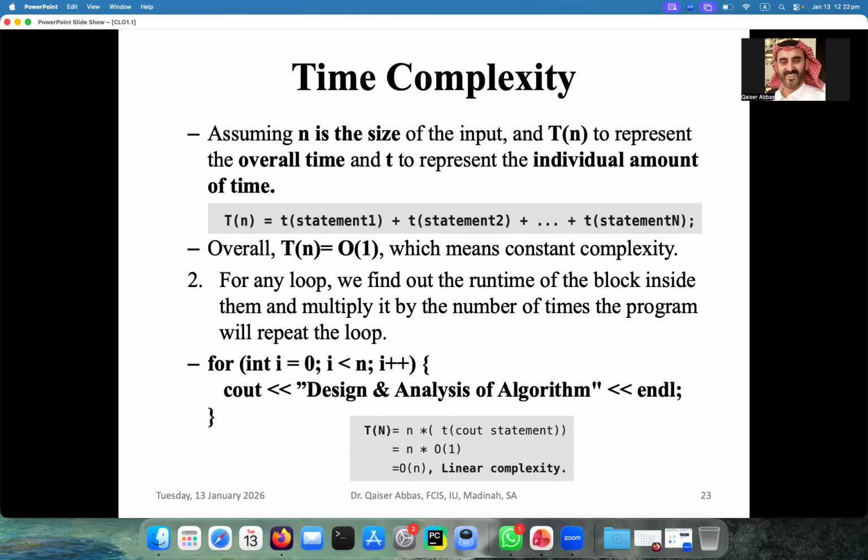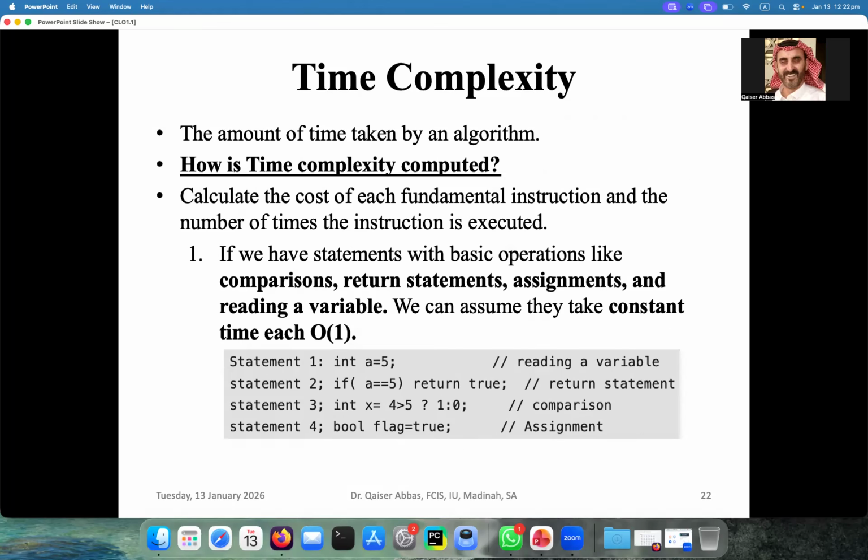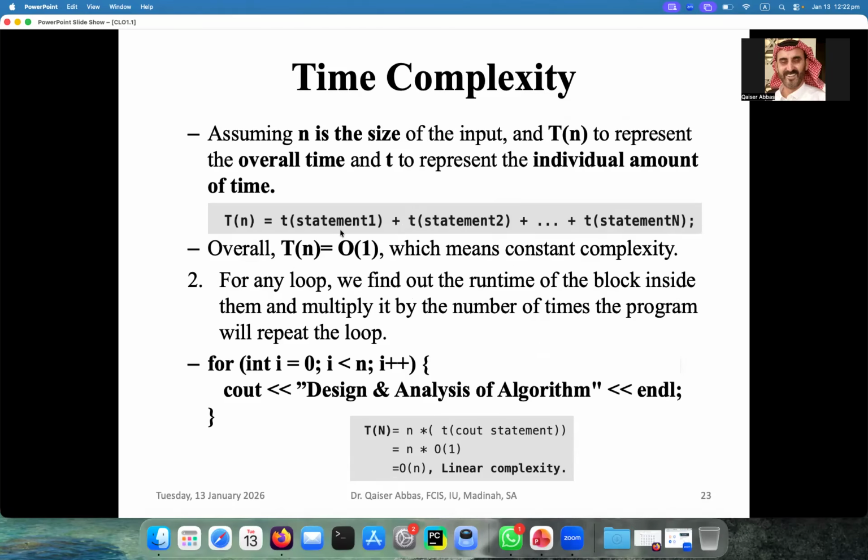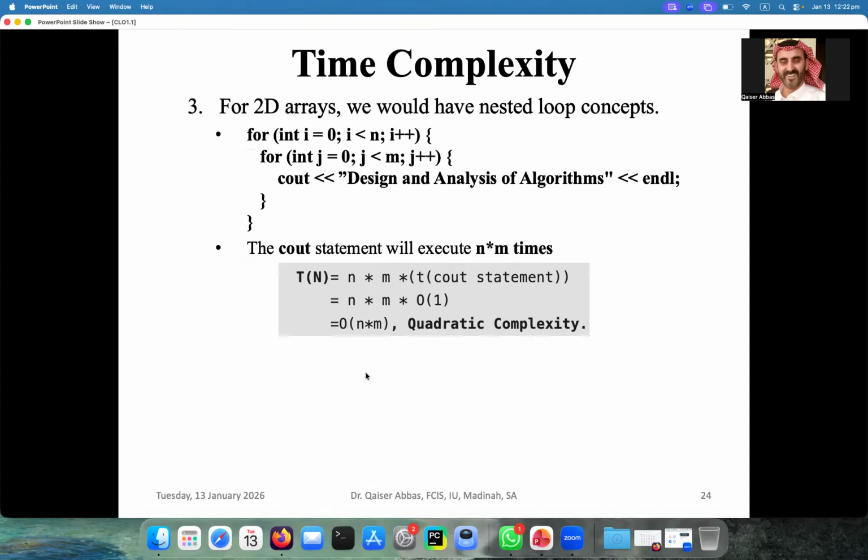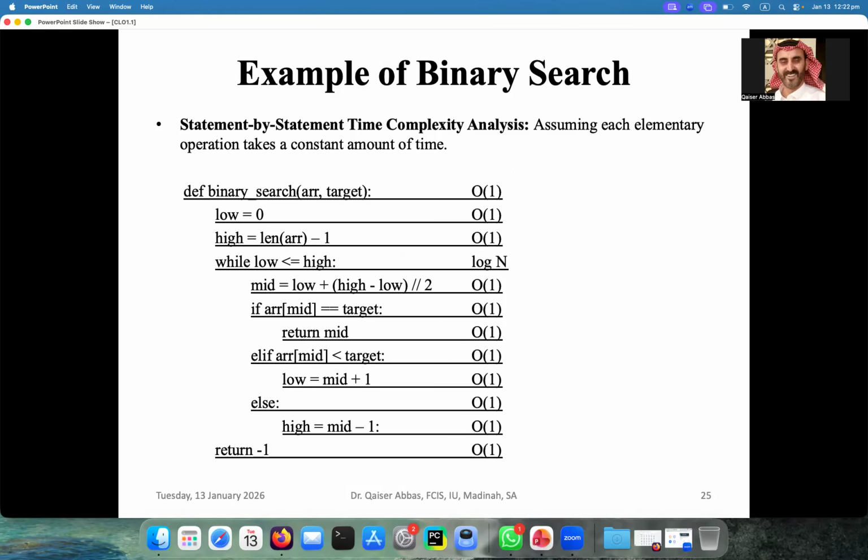Previously, we finished with this topic of time complexity, and we learned some rules here: rules for comparison, return, assignment, reading variables, and then the rule for loops, and then the rule for nested loops. And now we are looking at an example of a binary search.